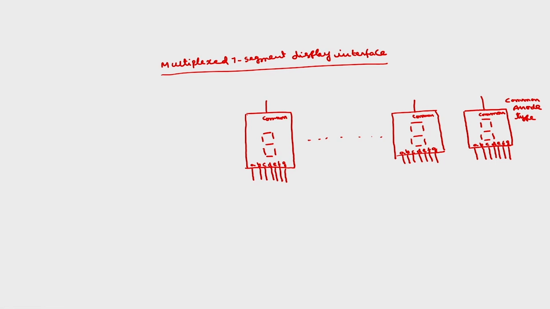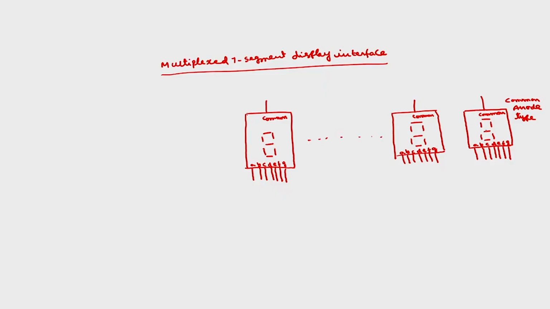Now, instead of using 8 7447s, I will use only one 7447 and connect it to all the 8 displays. Let us assume that this is display 1, display 2, up to display 8.